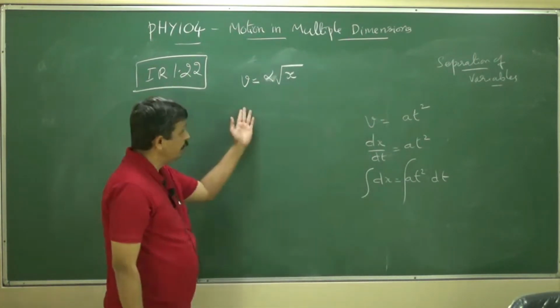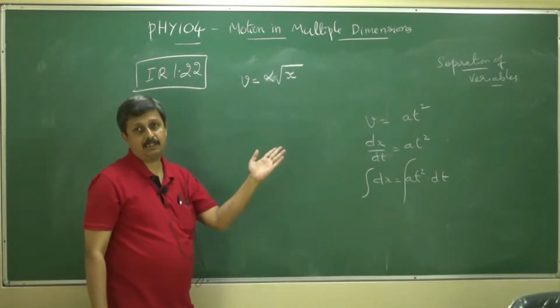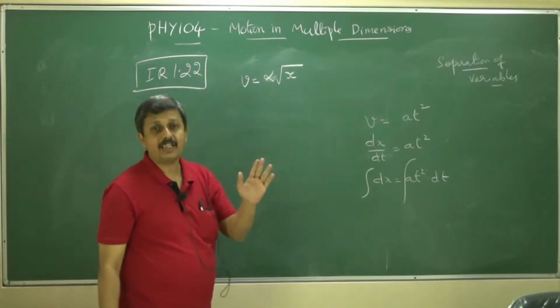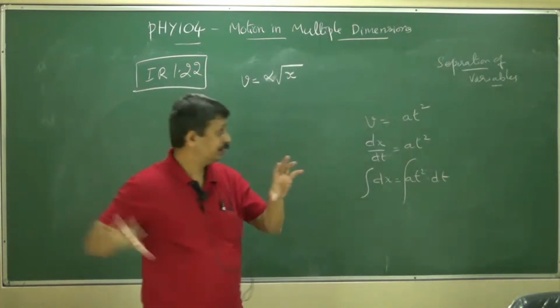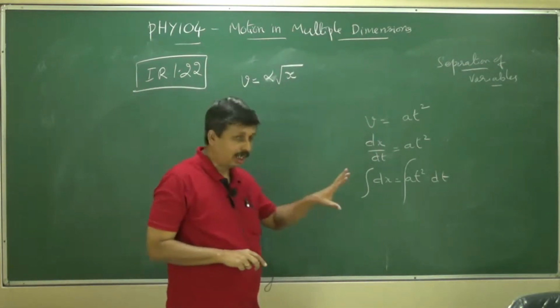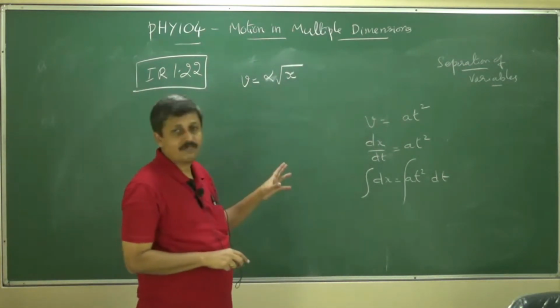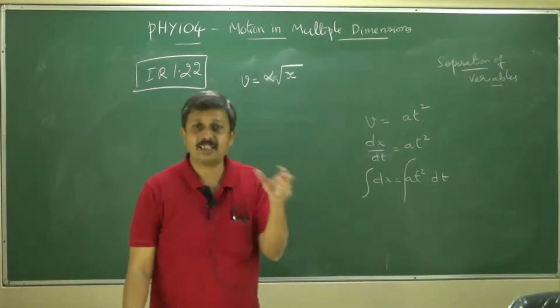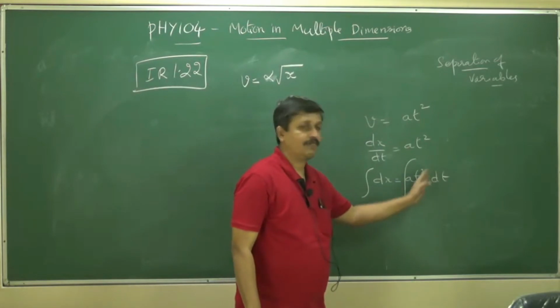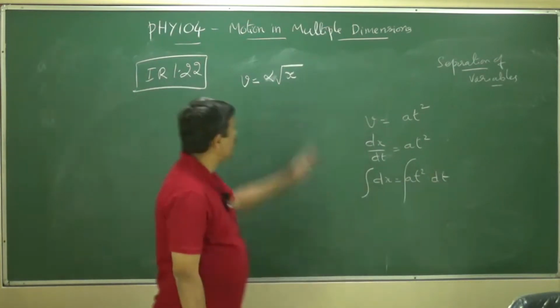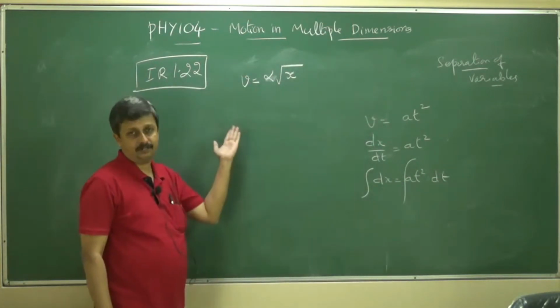But now here also we have to be able to do like that. Then only we can actually solve these problems. We have to separate variables, such that on one side you get one kind of variables and the integration of that kind, and on the other side you get all t variables and integration of t kind. Here we have to try something like that.